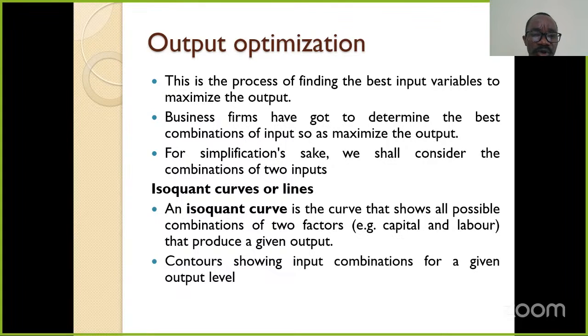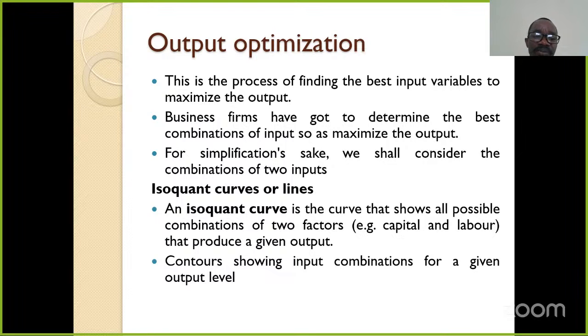So we have economic concepts that are used to tell the best combination of inputs. For illustration's sake, I'm going to be using two inputs, which are capital and labor, throughout.